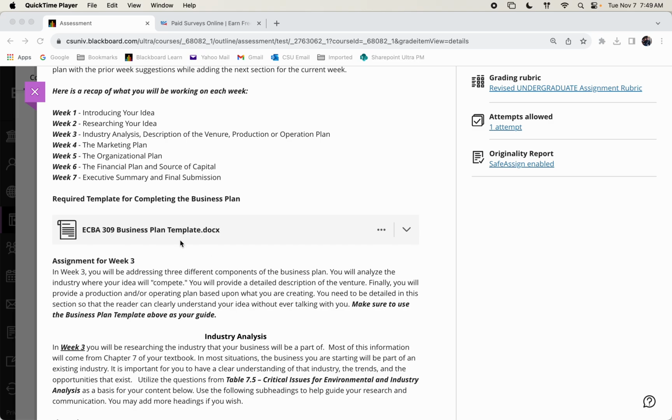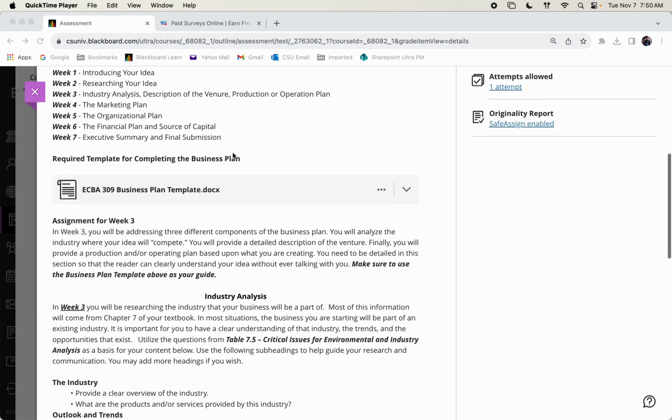Here is the business plan template. I'll go over that in just a second. But here we are in week three, where we're going to talk about industry analysis, description of the venture. You did that in your discussion forums this week. Production, operation plans, all of these things are very, very critical, as you also learned this week about why businesses fail, to make sure that you have very clear ideas going forward.